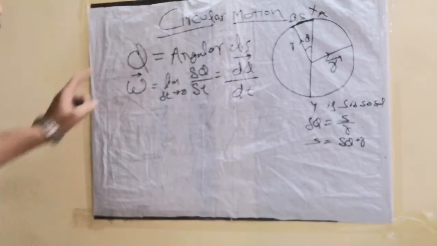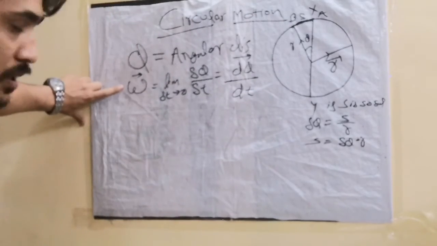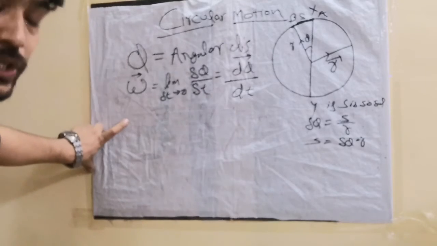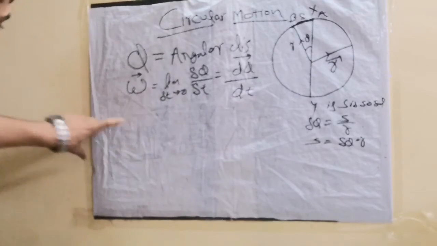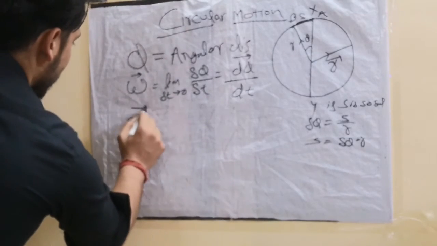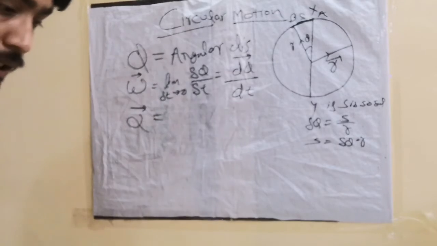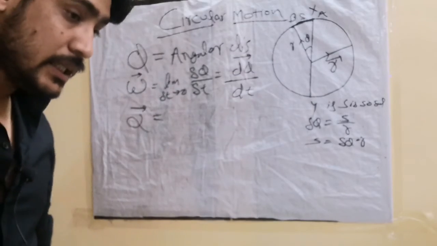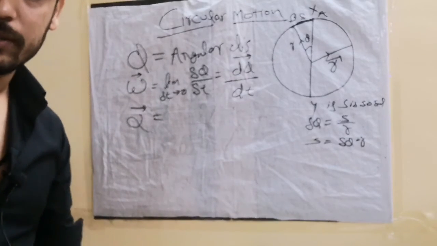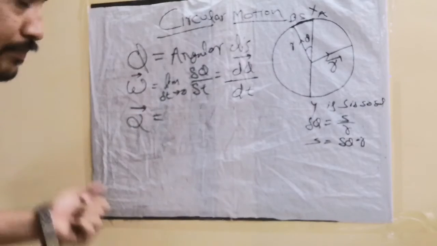Now after the angular velocity there will be angular acceleration. So what is angular acceleration? Angular acceleration will be the limiting rate of change of angular velocity, obviously, like in linear motion.